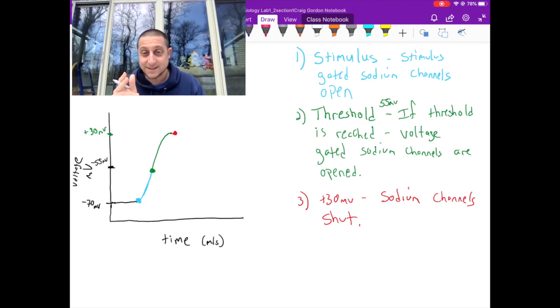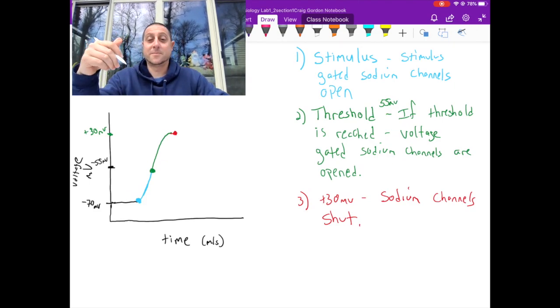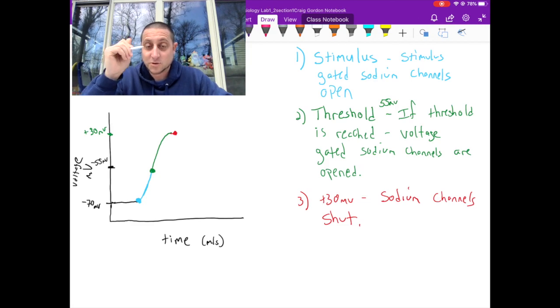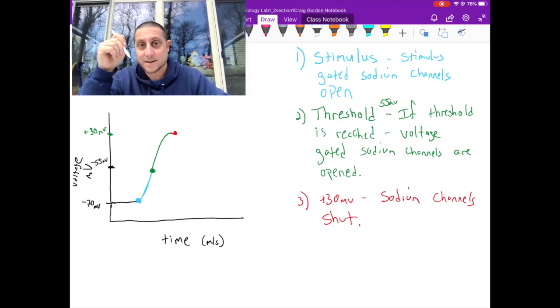But while that's taking place, the voltage-gated potassium channels have opened. Remember, those are slow. But since they're open now, the potassium, which is positive, can leave the neuron. Now, if it's leaving the neuron, which was insanely positive, it's going to start to become more negative.